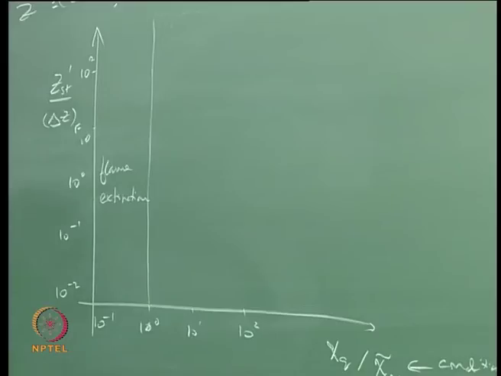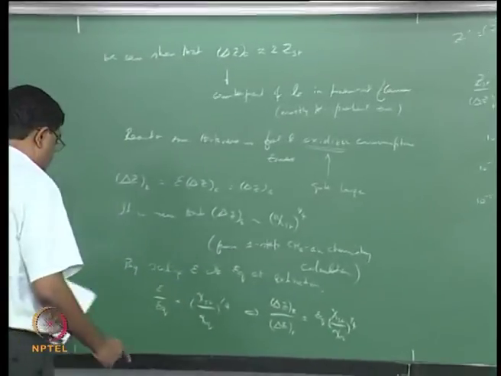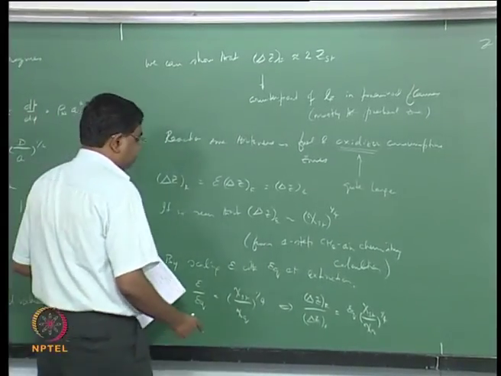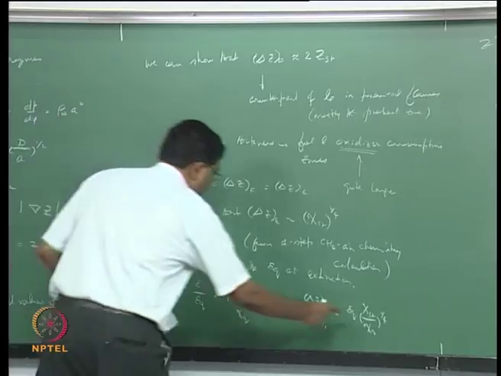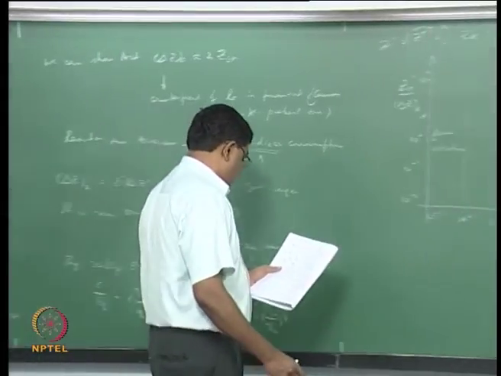Then we should show this. So we have z prime st divided by delta zf going as chi q over chi st. You can see that here. This is opposite, so you have a minus 1 over 4 in a log scale.